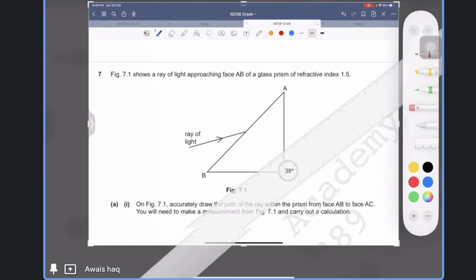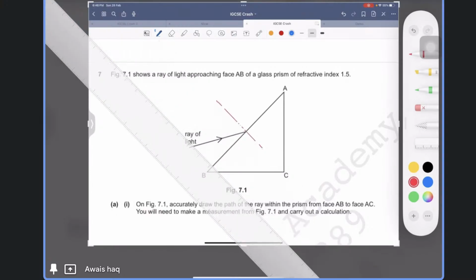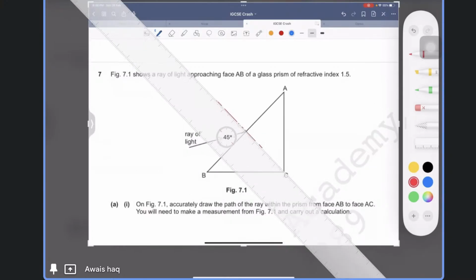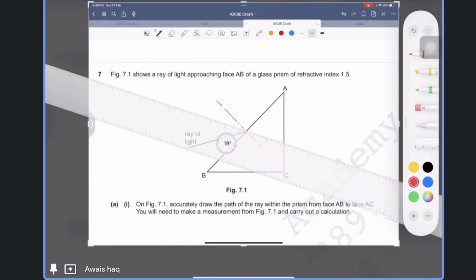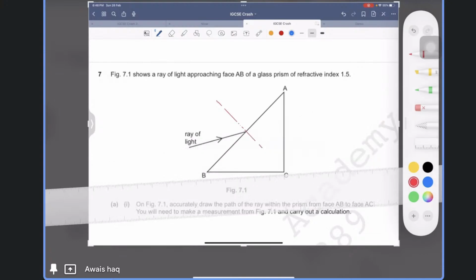First of all, I'm going to use my protractor and put it right here, and measure 90 degrees so that I know exactly where the normal is. So this is my normal line, and then I'm going to measure the angle. This was at 45 degrees, and if I measure the angle here, this is 15. So 45 minus 15 is 30 degrees.